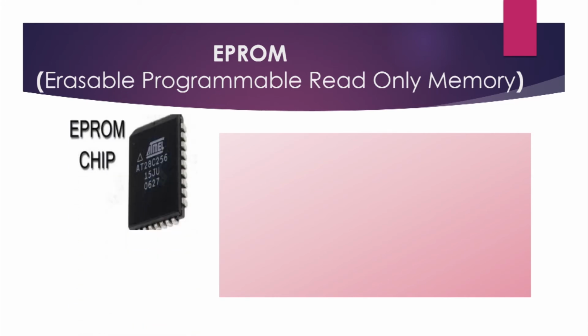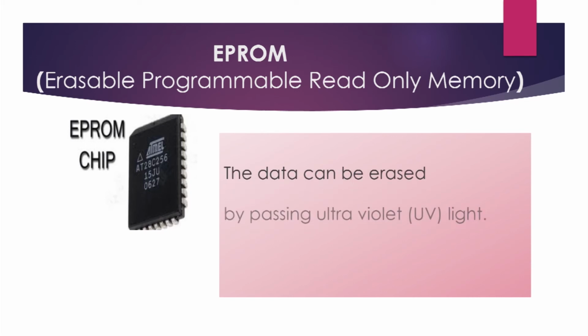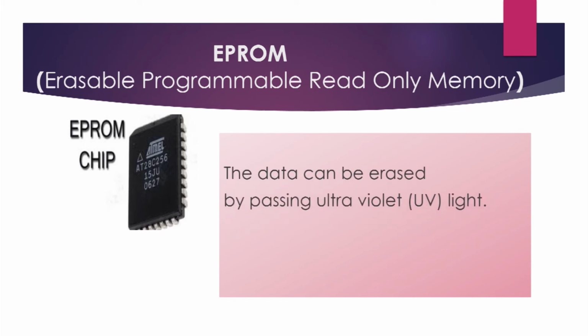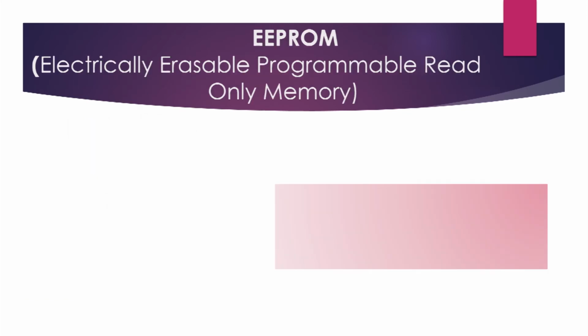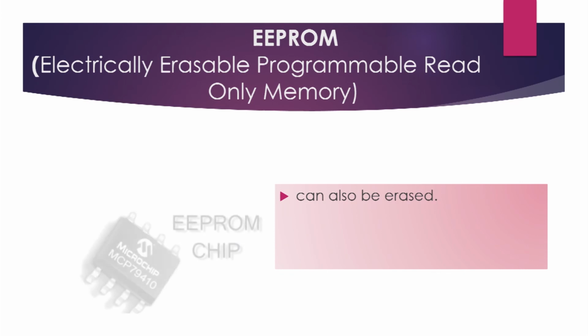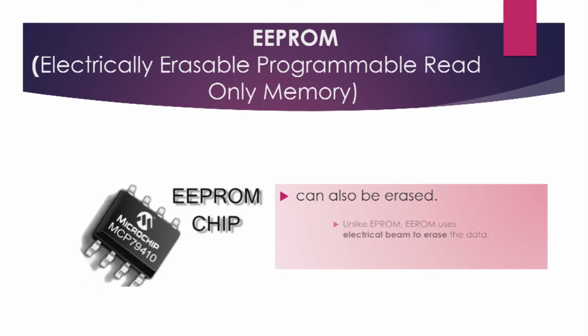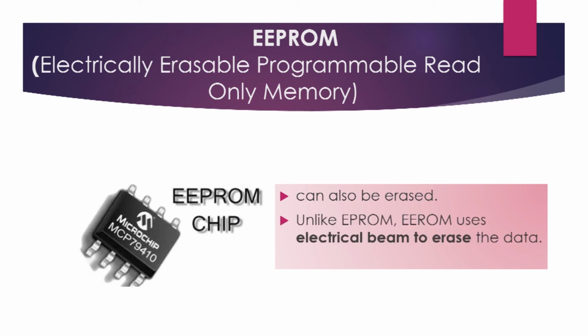The data written on EPROM can be erased by passing it under ultraviolet UV light. EPROM can be reprogrammed. It is commonly used to store the boot programs of a computer, called the firmware. EEPROM, electrically erasable programmable read-only memory, can also be erased. EEPROM uses an electrical beam to erase its data.